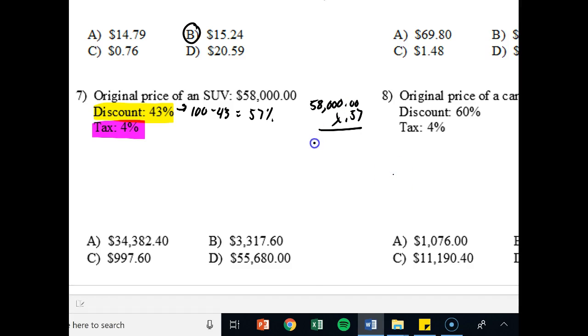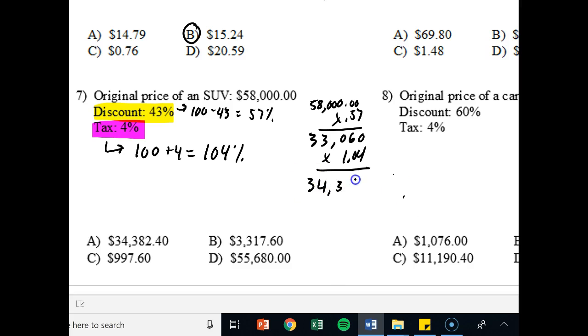And that is $33,060. And then we're going to add a 4% tax on that, so 100 plus 4, meaning we'll pay 104% of this price, so 1.04. So it gives $34,382.40, right? So A for that answer.